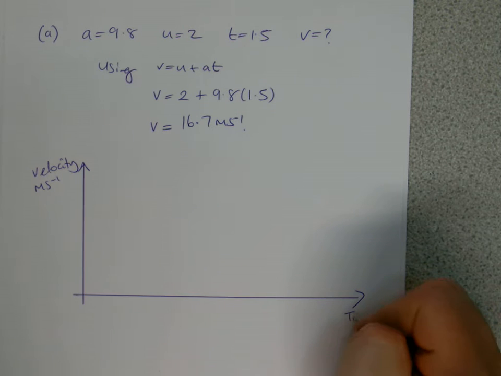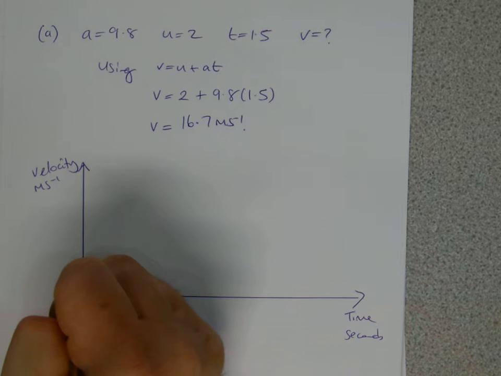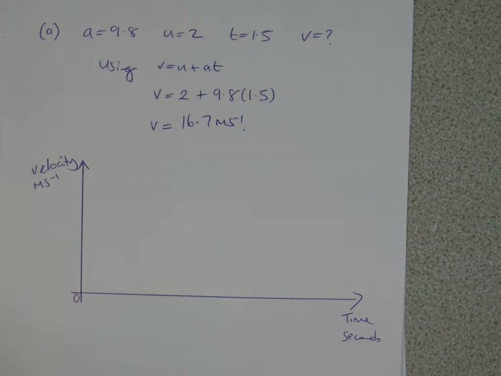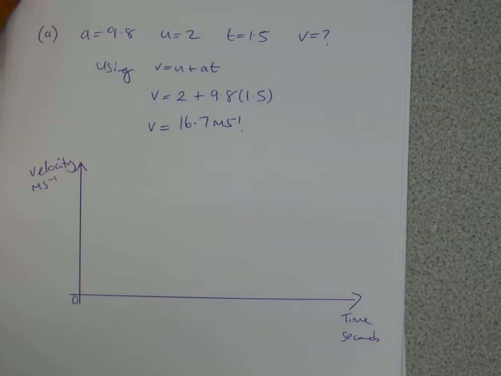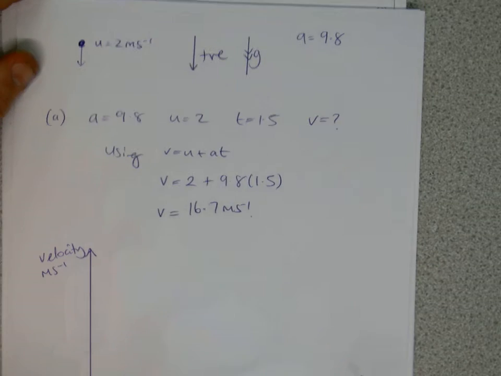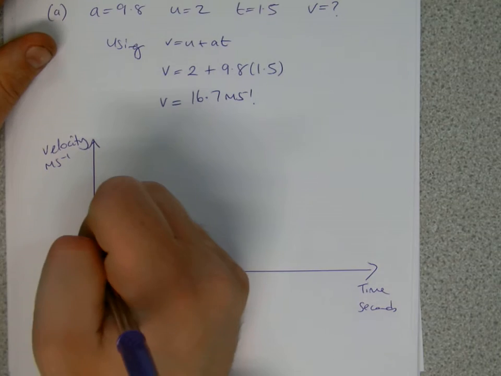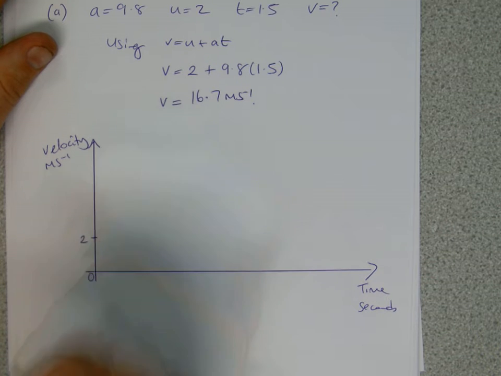Make sure you label all that. Time then in seconds. Now at time 0, he gets released from the plane or whatever he's been released from. And the speed, if you remember back up here, is 2 meters per second, right? So we'll put 2 here.